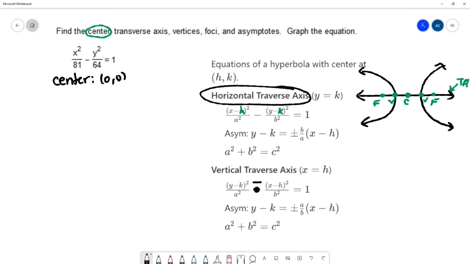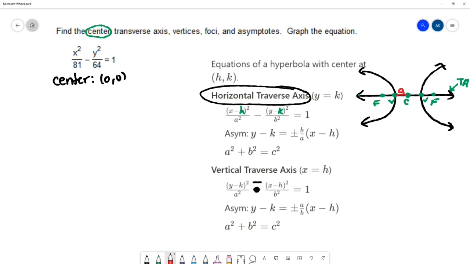Now then I need to find the vertices and the foci, and the way that I find that is using the values of a and b. So we have in the denominator here values of a and b. Now a is going to be the distance between the center and the vertices.